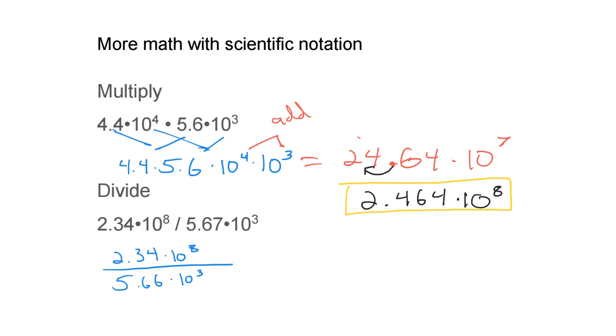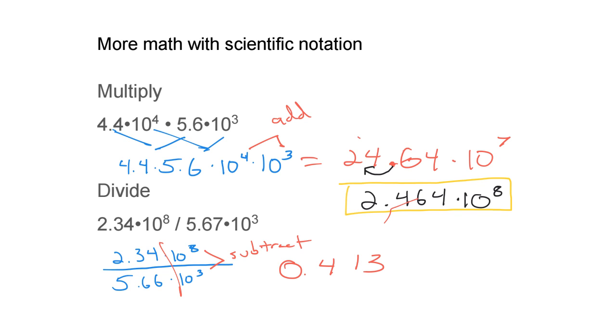Instead of doing the multiplication first, I will split this and divide these. So I'll do just the 2.34 divided by 5.66. So 2.34 divided by 5.66 gets me 0.413.